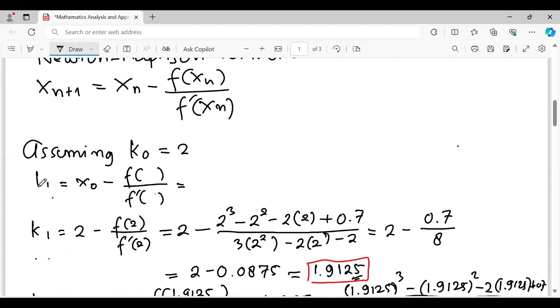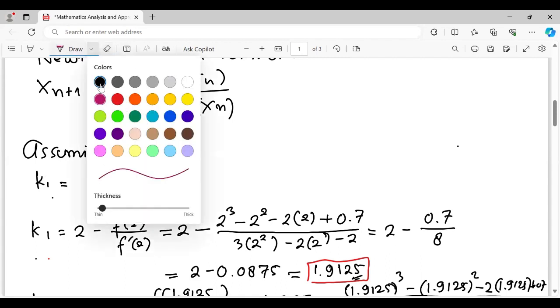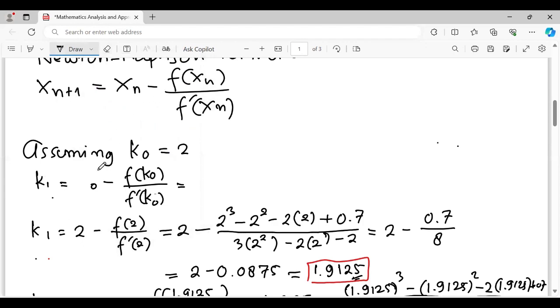This is K1, K0, K0, and this is K0 as well. Okay, even the main formula is in X. Yeah.